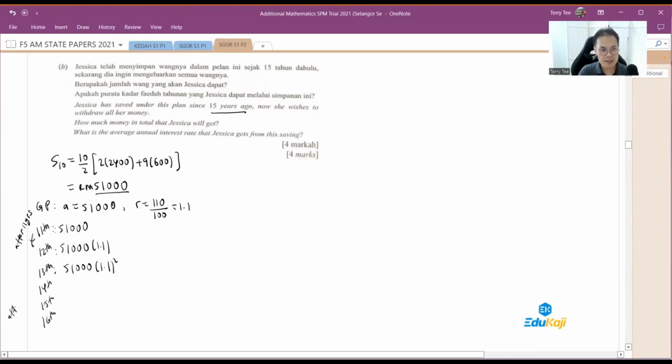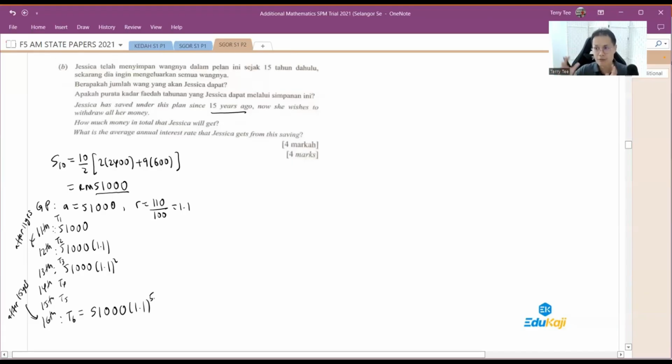After 15 years is actually T6, sorry, I should write here. This is your T1, T2, T3, this is T4, this is T5, this is your T6, which is 51,000 times 1.1 to the power 5, because you get the interest for a full 5 years.